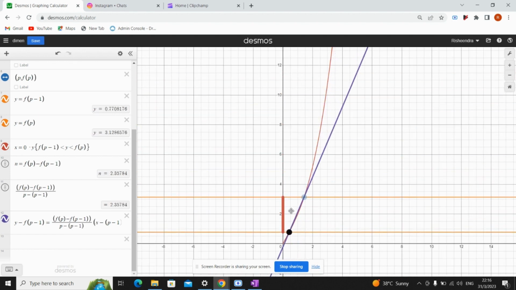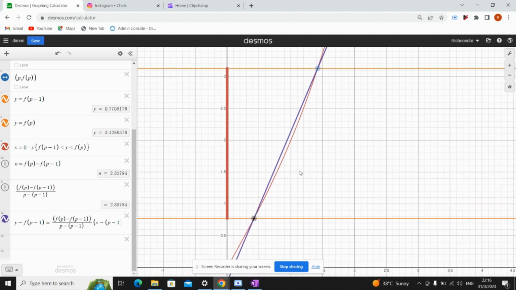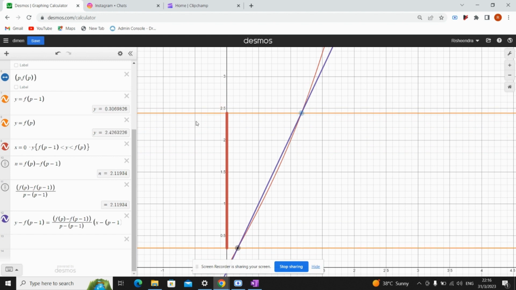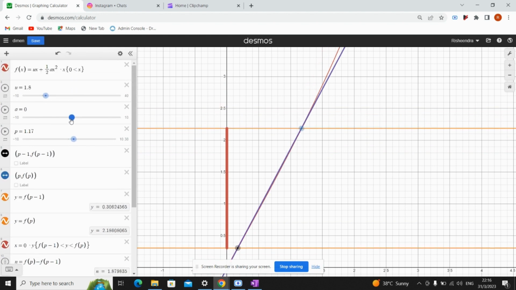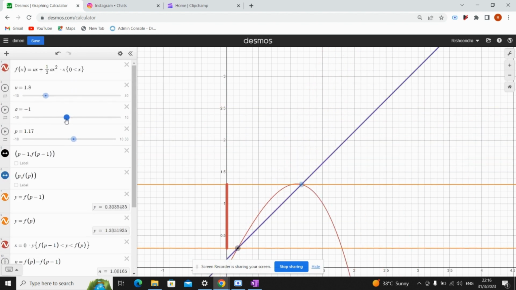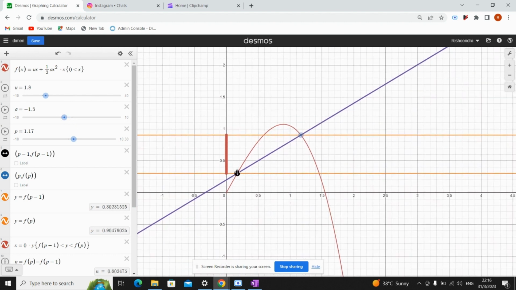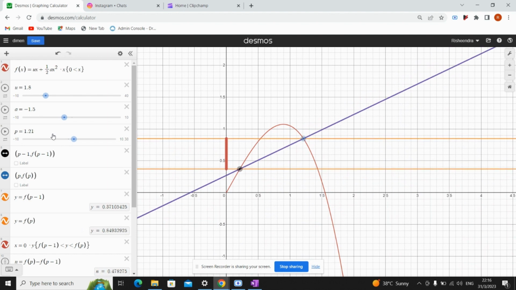This is the line passing through these two points. If you want, we can zoom in a lot deeper. Let's change the values a little so that we can play with this. You can also substitute the values.